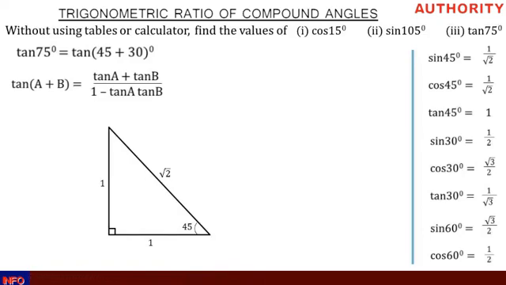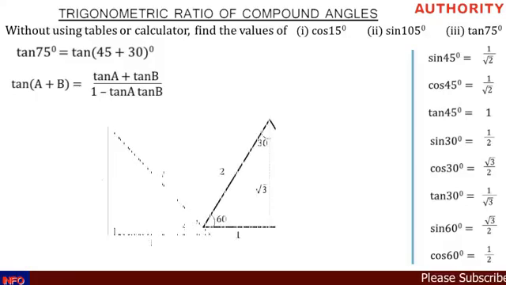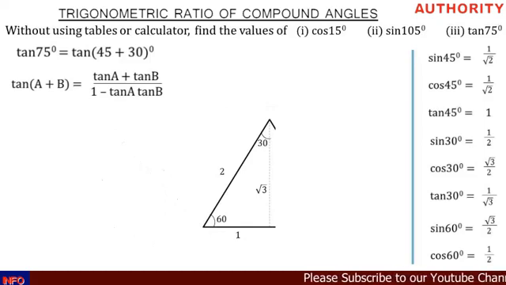So tan 45 degrees is going to give us 1 all over 1, which is equal to 1. Now when you say tan 30 degrees, let's look at this diagram. It's simply going to give us 1 all over root 3. So tan 30 degrees is equal to 1 all over root 3.